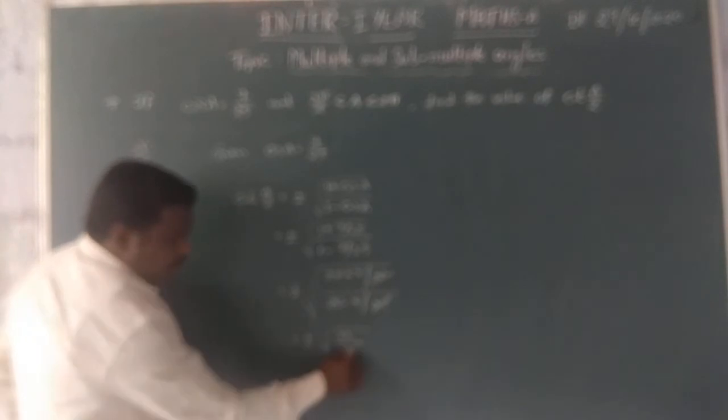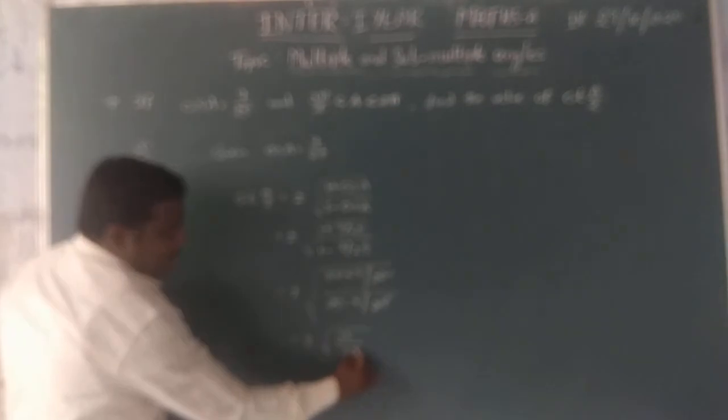That equals plus or minus under root of (25 plus 7), 32, by (25 minus 7), 18.